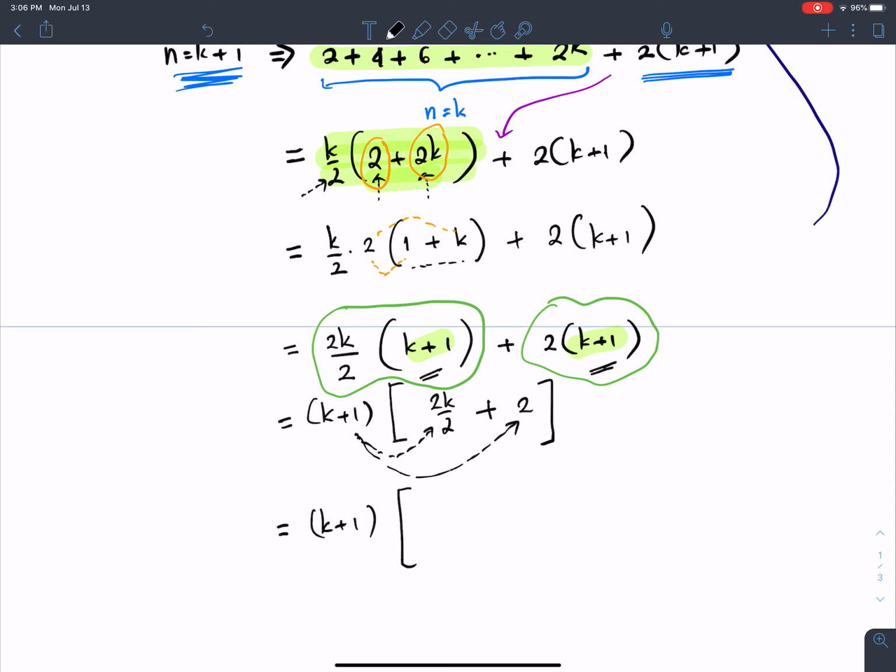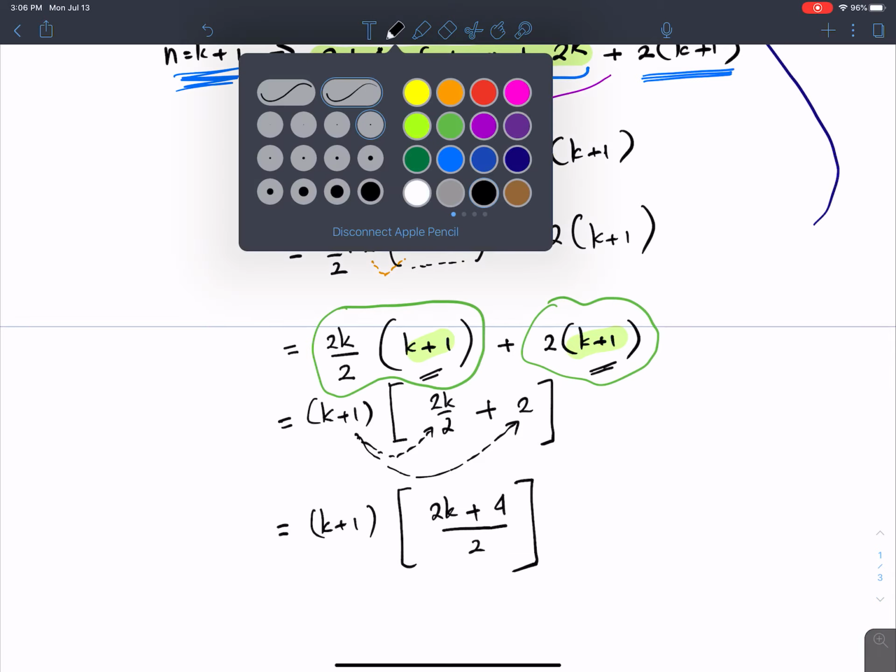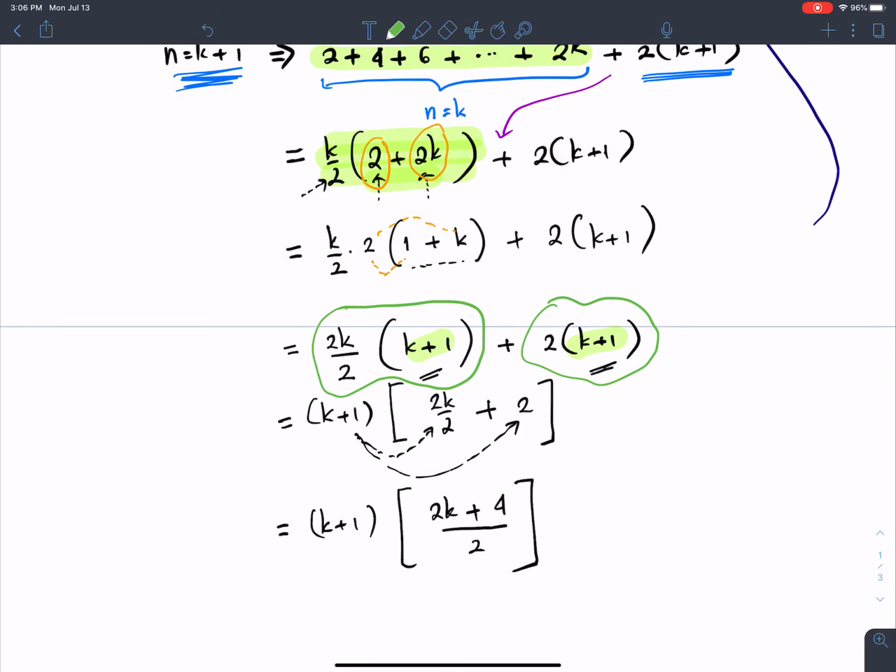Inside here I will change into 2k plus 4 over 2. Can you figure it? 2k plus 4 over 2, because I would like to have both sides divided by 2. So instead of 2 over here, it will change to become 4, because 4 divided by 2, I will get 2 back again. So it's the same value.